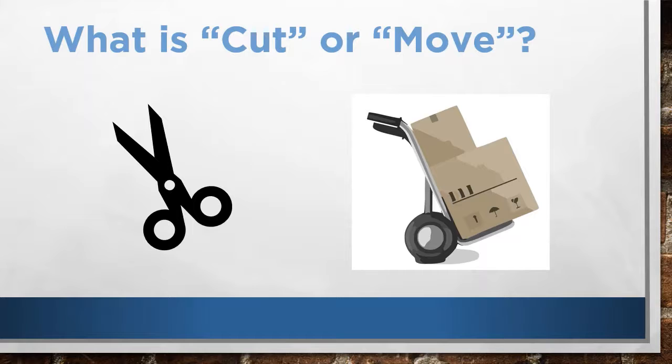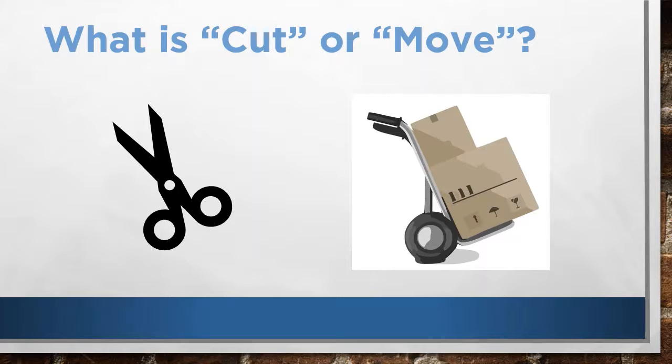Let's say that you decide you don't like where you're living, and so you decide to move to, say, a new house. Well, you would pack up everything that's in your current location, and then you would move all of your belongings to that new location. They'd no longer be where you are now.